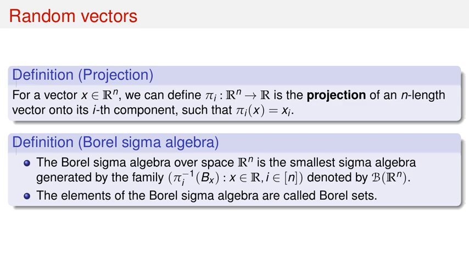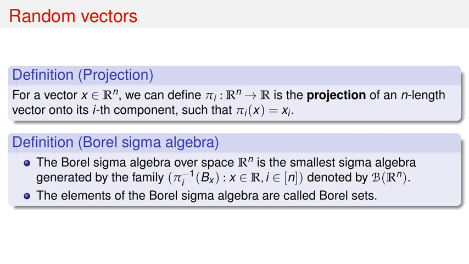Now let's define the Borel sigma algebra for n-dimensional space. The Borel sigma algebra over the space R to the n, which we denote as script B of R to the n, is the smallest sigma algebra that is generated by the family of sets of the form P sub I inverse of B sub x.